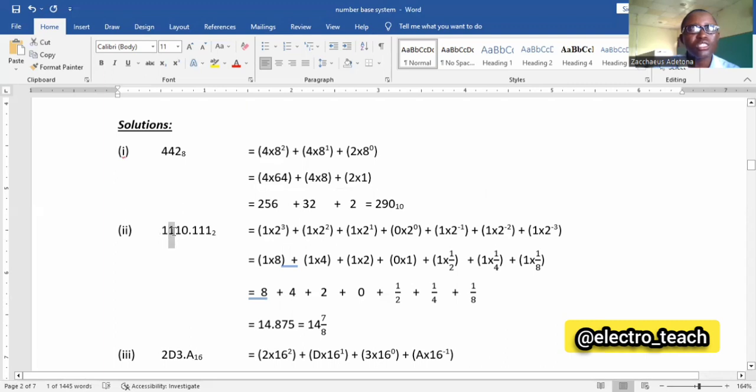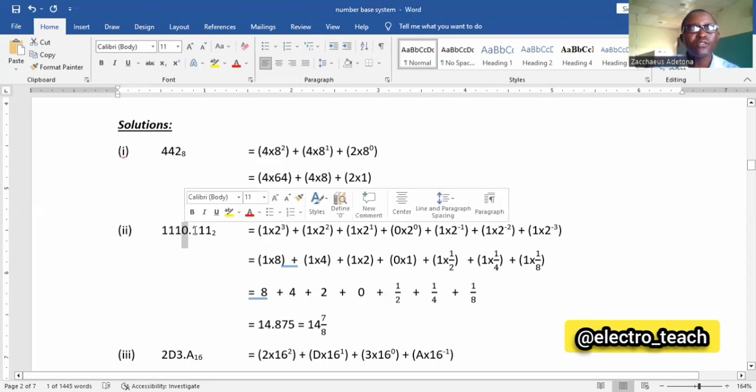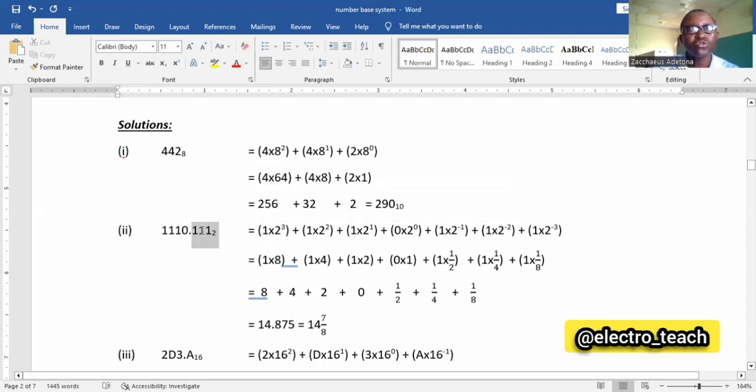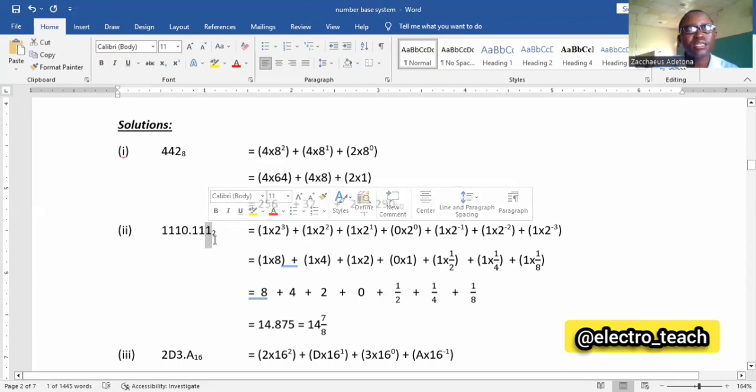The next one is 2. This one is 1. And the 0 here is 0. And for the ones after the decimal point, the first one is -1. The second one is -2. And the last one here is -3.